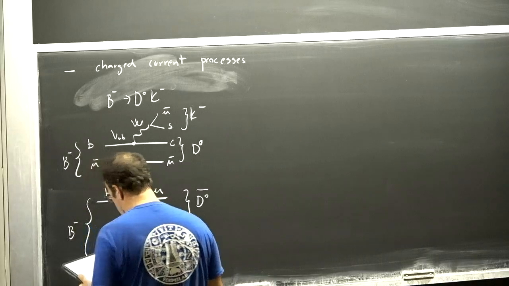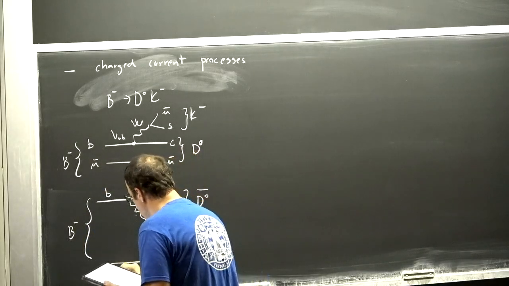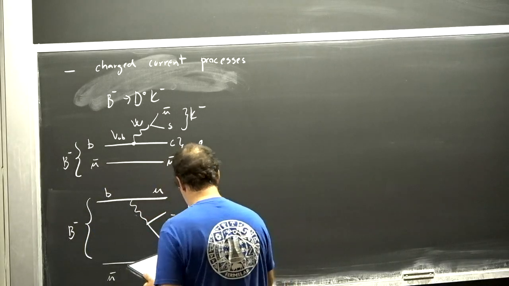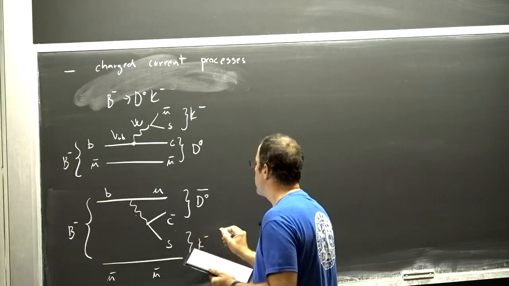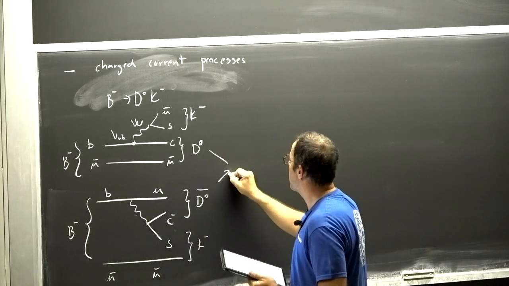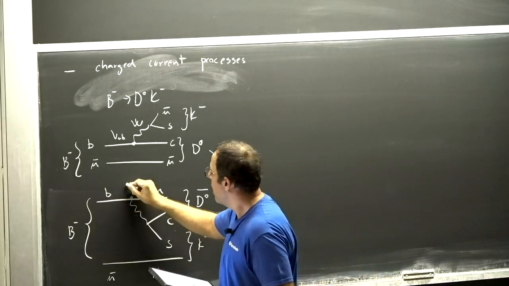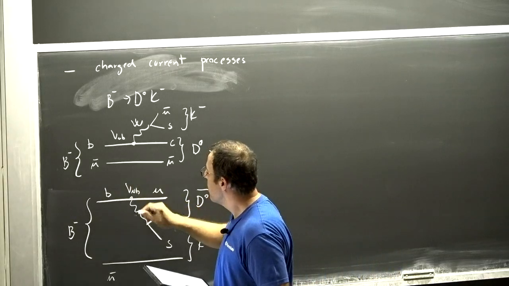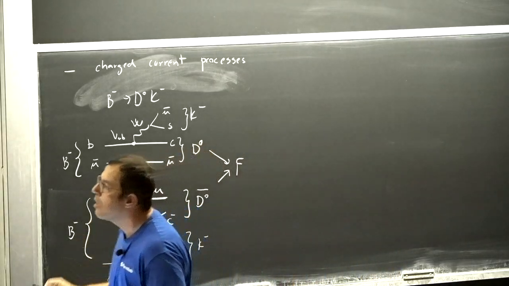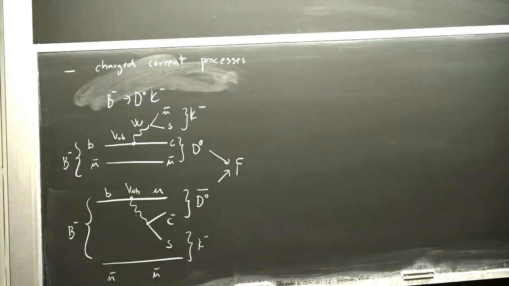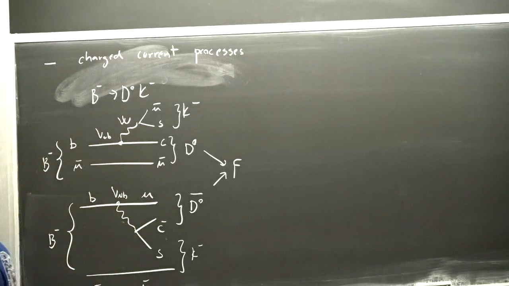B minus, U bar, K minus. If these two decay to the same final state, they interfere, and you can be sensitive to the VUB phase. So it's quite complicated. I'll come back to this. I'll say a bit more about what's going on there.